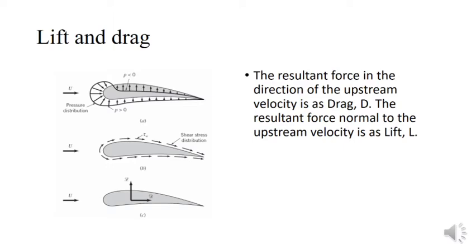There is a higher pressure and a lower pressure reacting on the body, and there is also a shear stress distribution all over the body. The resultant force in the direction of the upstream velocity we call drag, and the resultant normal to the upstream velocity is lift.